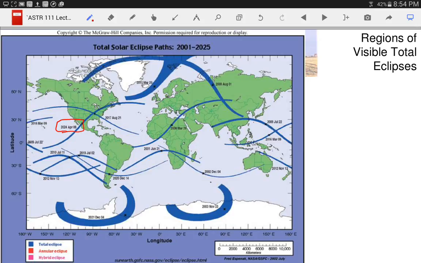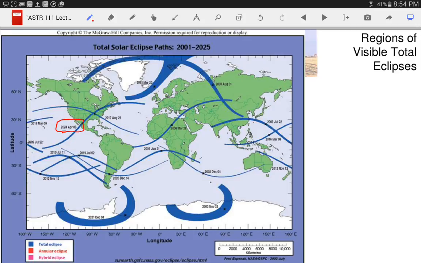Anywhere in the blue, you will have a total eclipse. The times for the eclipses vary. NASA has a really nice site for what time the eclipse will start and what time it will end for any location. So you can figure out exactly when you need to be in Nebraska City, for instance, if that's where you're going. Or we're more likely, since Ken's from that area, going to go down to the St. Joseph area.